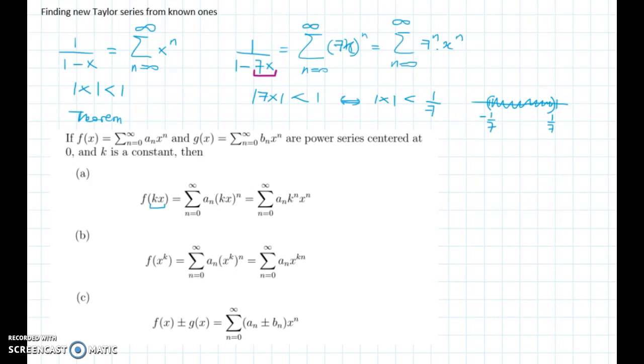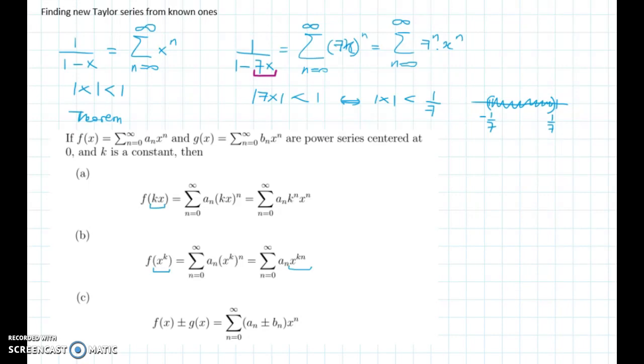If instead we want to find the power series associated to the function where we first find the k power of the variable and then apply the function f, then we have a similar method. Basically what it says is that we need to substitute the value of x by x to the power of k, and then we would end up with a power series that has the powers of x to be k times n.